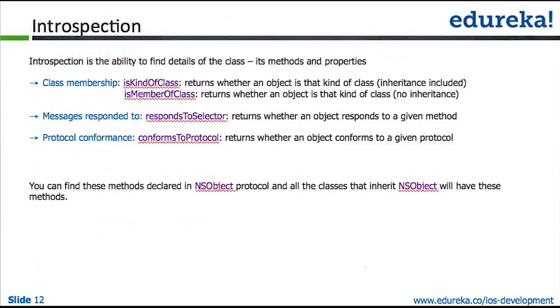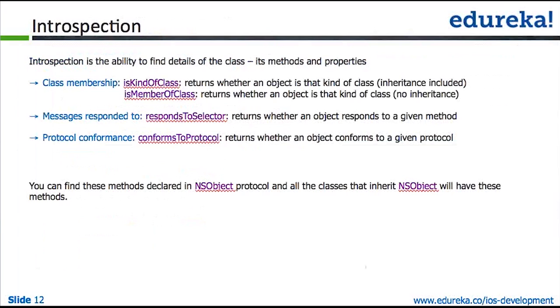Okay, so introspection is, like I said, the ability to find details of the class, its methods, and its properties. And how do we do this? We have methods for this, and these methods are isKindOfClass and isMemberOfClass. These are two important methods. So isKindOfClass will also include the superclass.